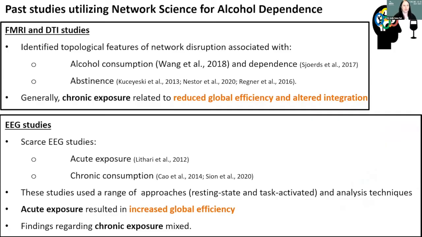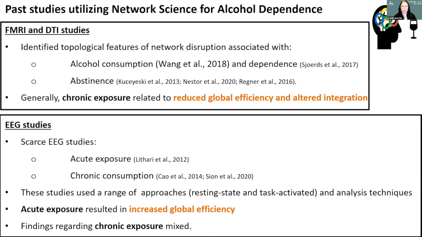Recently, studies have examined the networks underlying acute and chronic alcohol consumption. It's very early days for these studies. The majority of studies conducted are fMRI and DTI, which have generally observed a reduction in global efficiency and altered integration associated with chronic alcohol exposure. EEG studies are far more scarce.